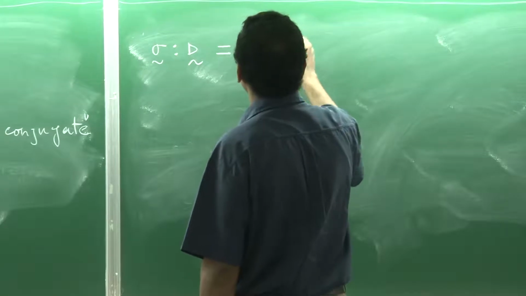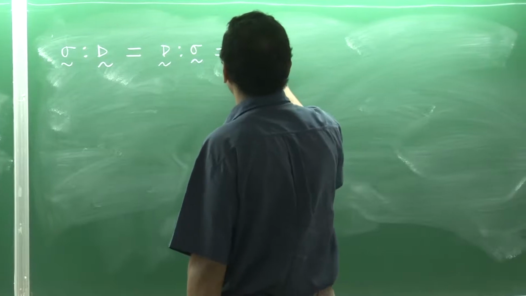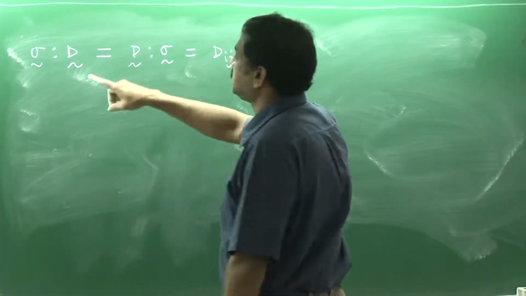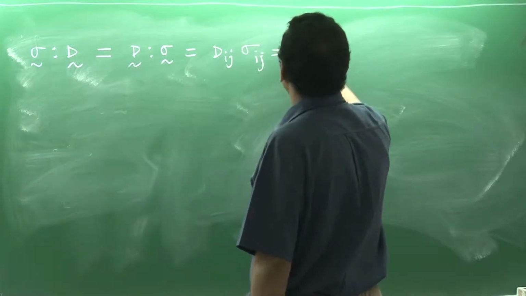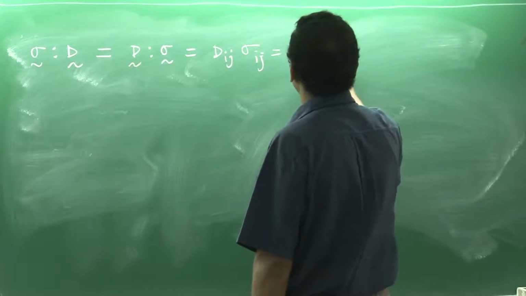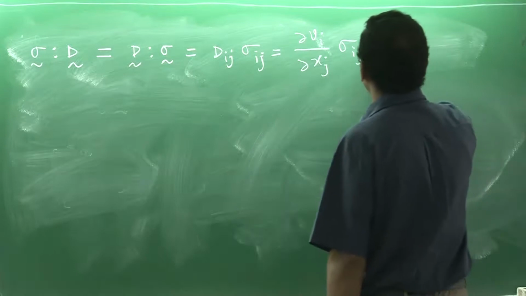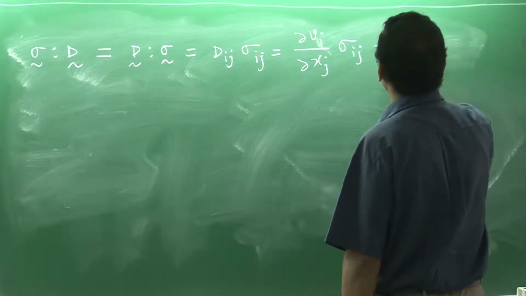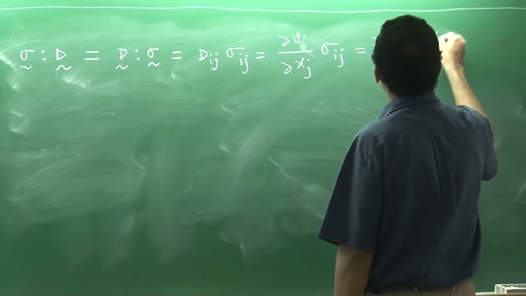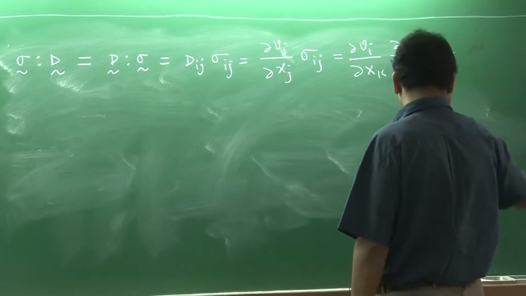So, this can be written like this, okay, and D bar is dij, and sigma ij, because this is a scalar product you can change it, and this is dvi dxj sigma ij. So, this can be written as dvi with respect to undeformed X k, small xj, sigma ij, okay.